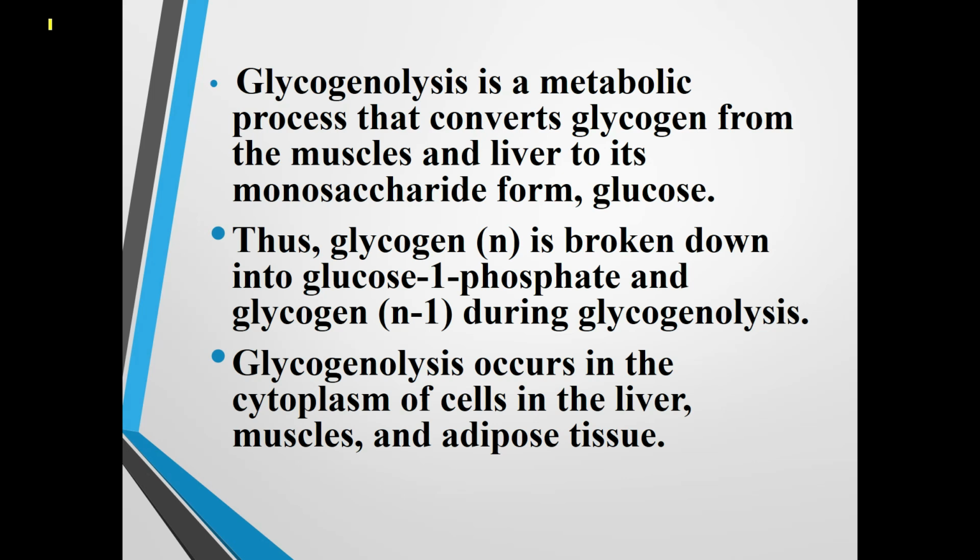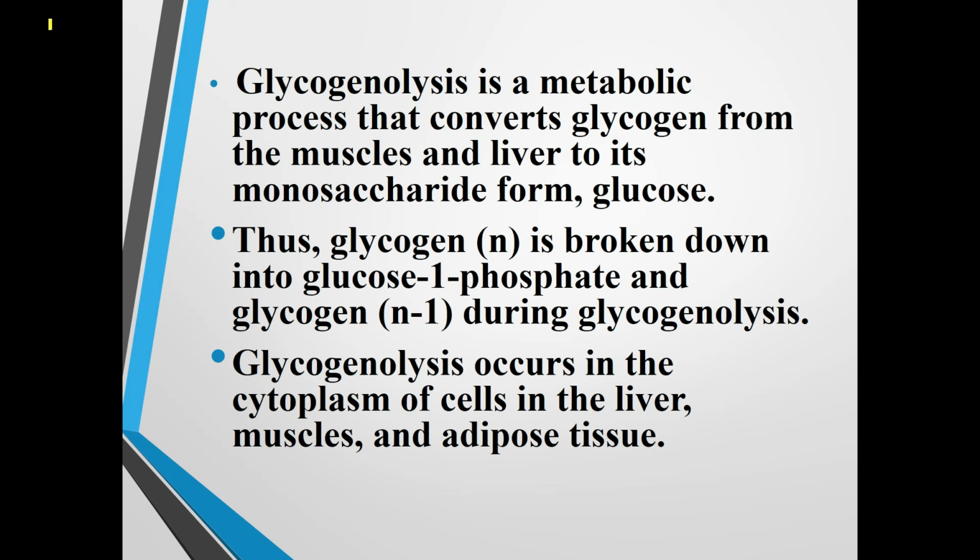ATP, adenosine triphosphate, is a substance required to provide energy to living cells in order to carry out many activities. So when the cell detects a low ATP level, glycogen is liberated from the muscles and liver and broken down into glucose, and that glucose is later used to produce ATP.